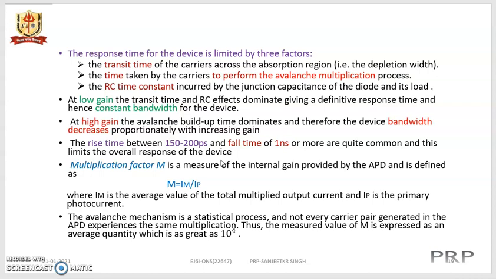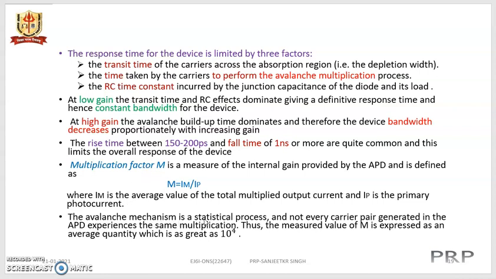Now the multiplication factor or gain is a measure of the internal gain provided by the APD and is defined as M equals Im by Ip, where Im is the average value of the total multiplied output current and Ip is the primary photocurrent.